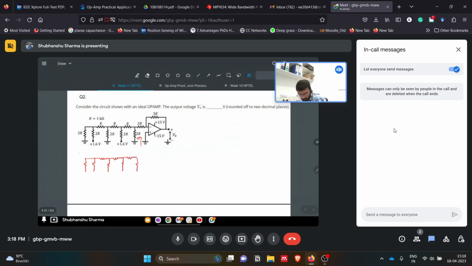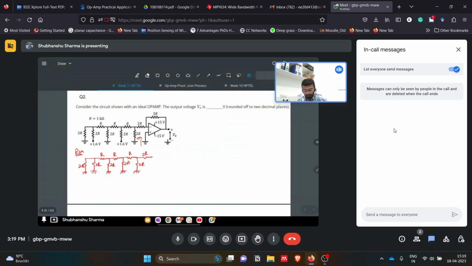When we are calculating RTH, then we'll be grounding all the voltage sources. So this will be grounded, grounded, grounded. We have 2R here, 2R, 2R, R, 2R, R, 2R, 2R.